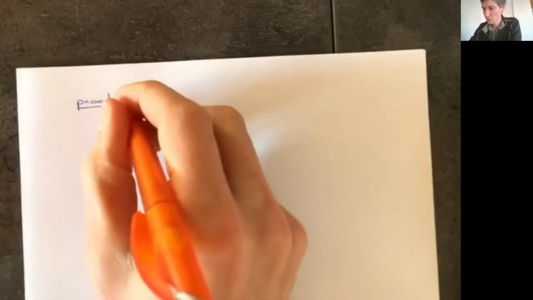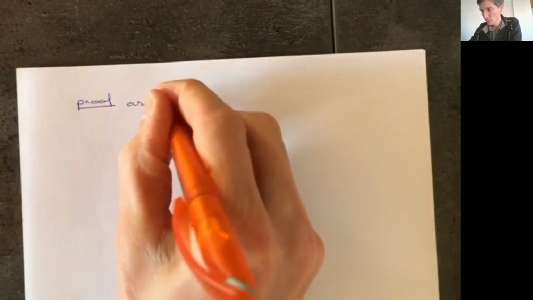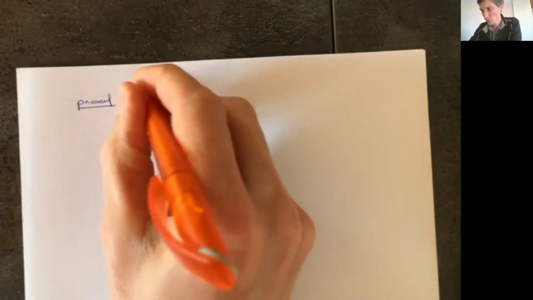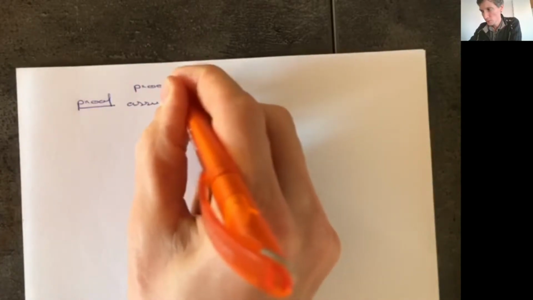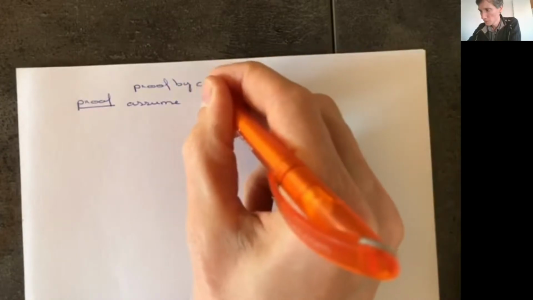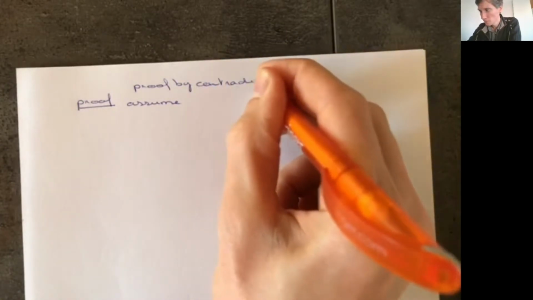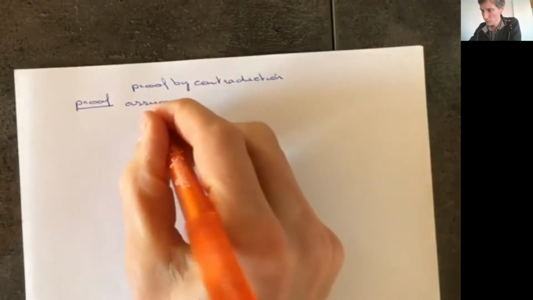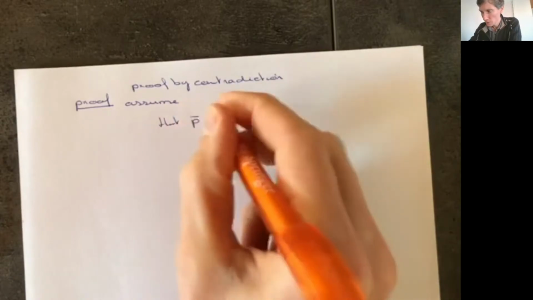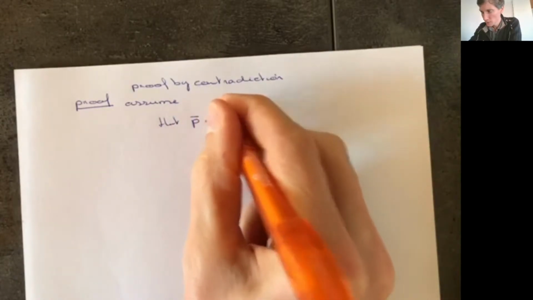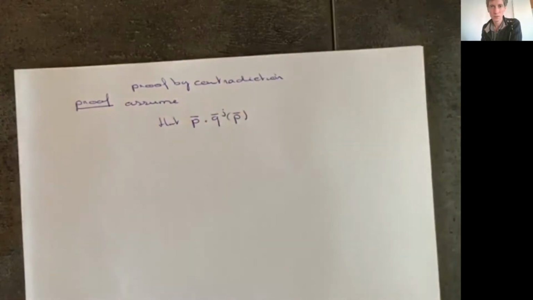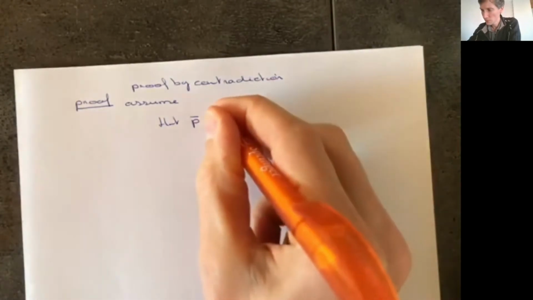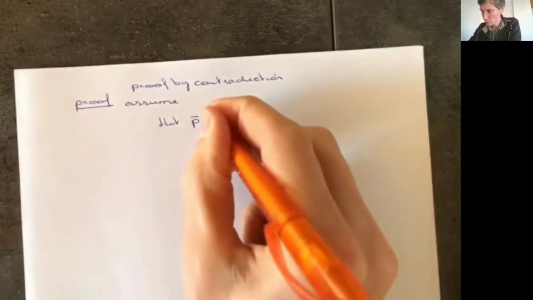So proof, so this is a proof by contradiction. Okay, so assume that P times the optimal demand, I should not write the bar here because it's a function, right?